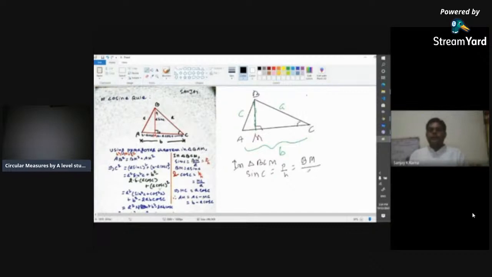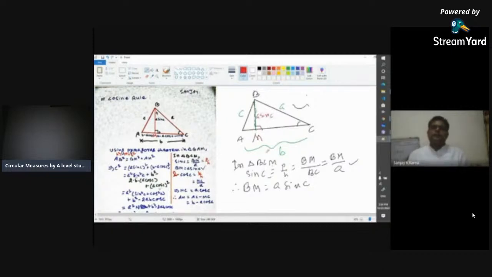So you write BM by BC as a. Your BM, after the cross multiplication, will be a sine C. So this perpendicular side BM is a sine C.